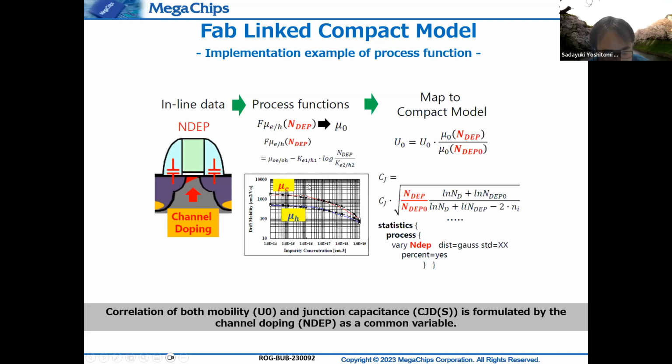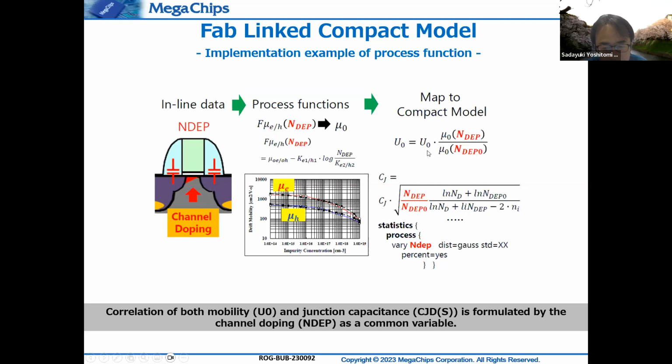This explains it here. The fluctuation of mobility is determined as a ratio of this function FU, represented by FUE(NDEP). NDEP is the number which fluctuates, and NDEP0 is the nominal value.